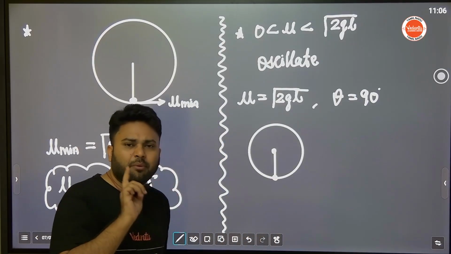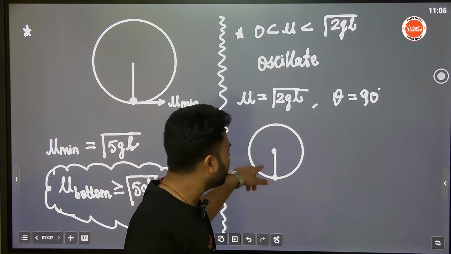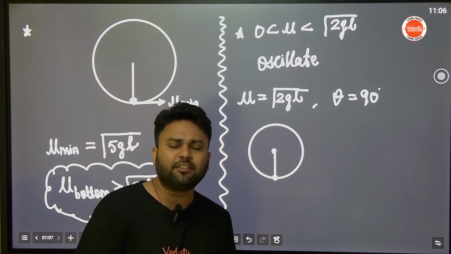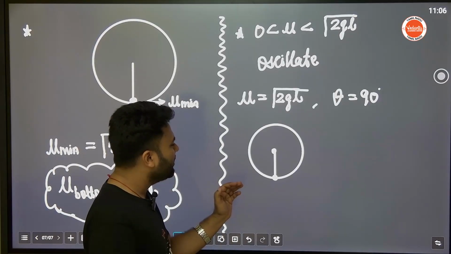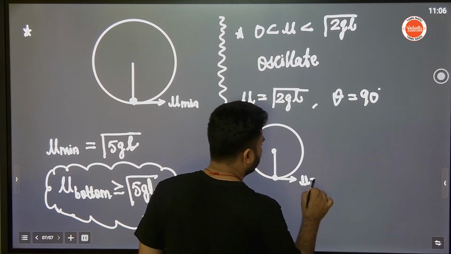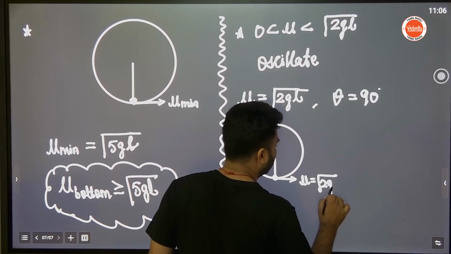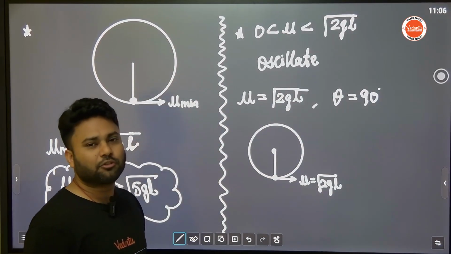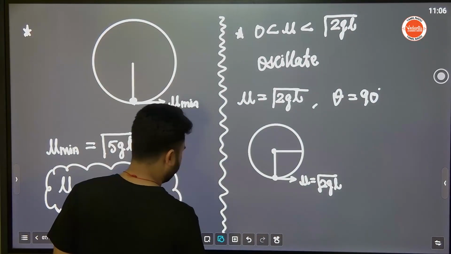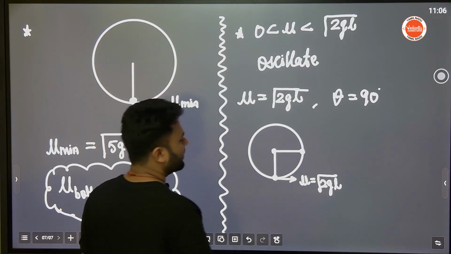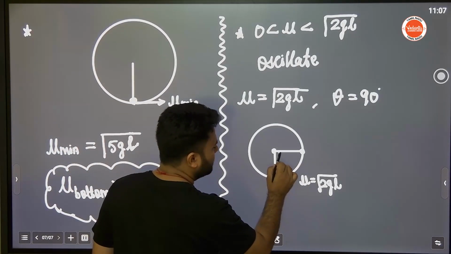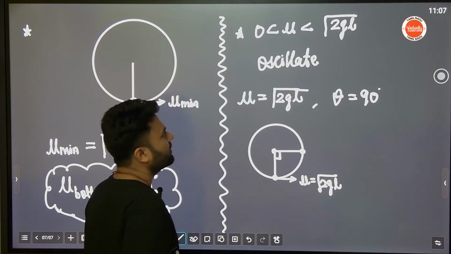Here, what minimum speed should you provide for complete vertical circular motion? Under root 5 GL. This is the minimum requirement. But you are not giving this much. You are giving root 2 GL at the bottom. So what will happen? It will go to theta equals 90 degree, means the ball will reach up to this point. Correct? Means if you give root 2 GL, the ball will reach theta equals 90 degree, means this point. That's what I have written.